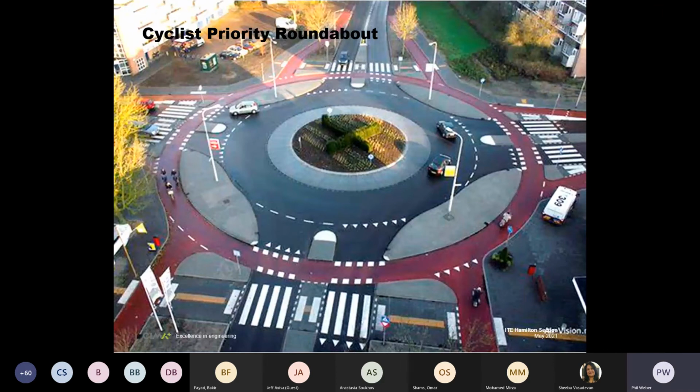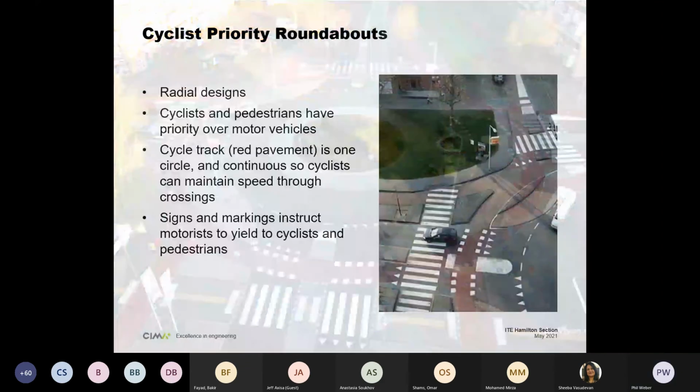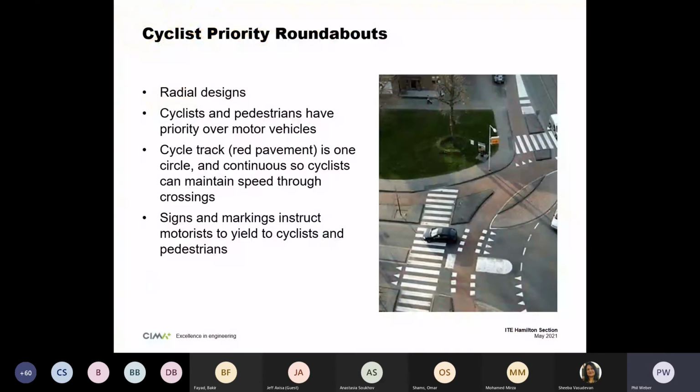You may have seen pictures like this before when you look at roundabouts in the Netherlands. It's a radial design. Cyclists and pedestrians have priority over motor vehicles. And the cycle track, red pavement in this case, is one circle and continuous so that cyclists can maintain their speed through the crossings. Signs and markings instruct motorists to yield to cyclists and pedestrians.